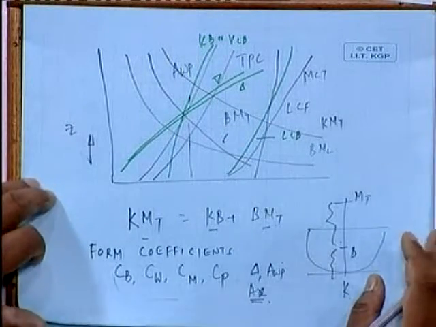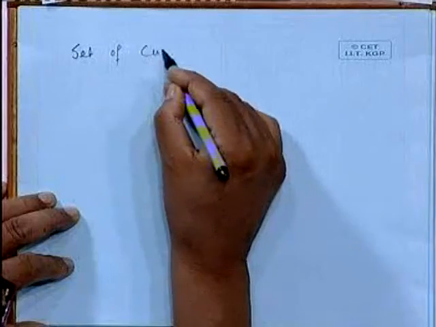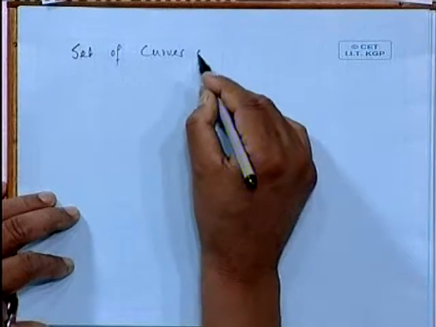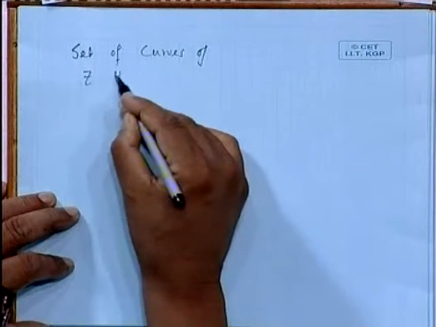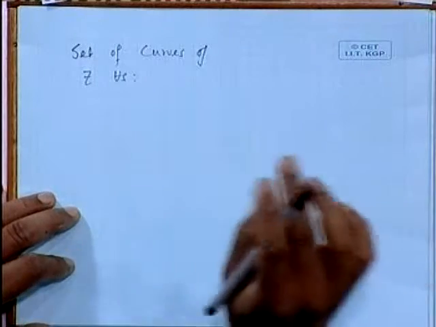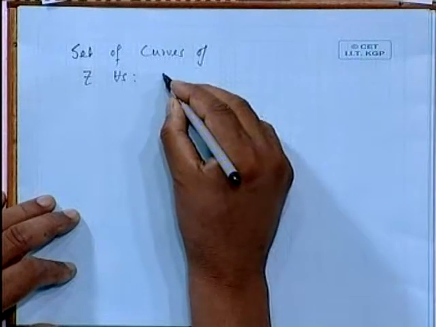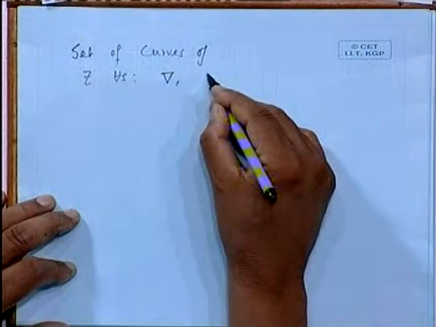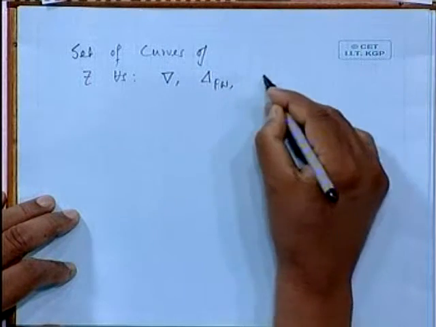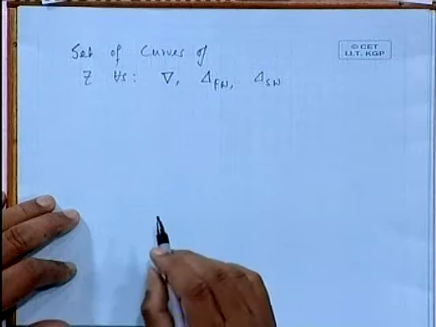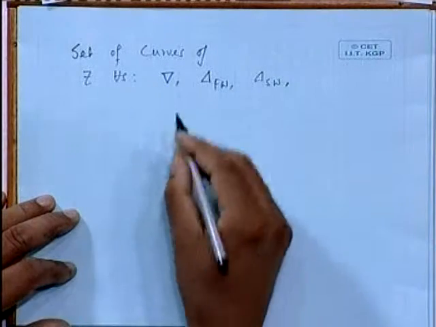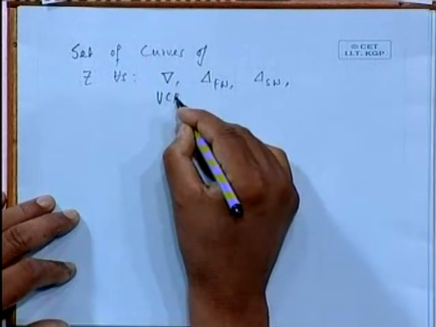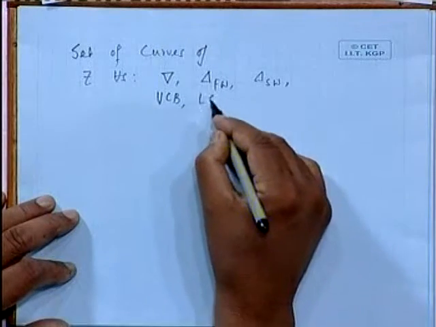Now I will summarize all the hydrostatic curves. Therefore the set of curves of Z versus, let us count one by one: volume, displacement in fresh water, displacement in salt water, VCB, LCB.